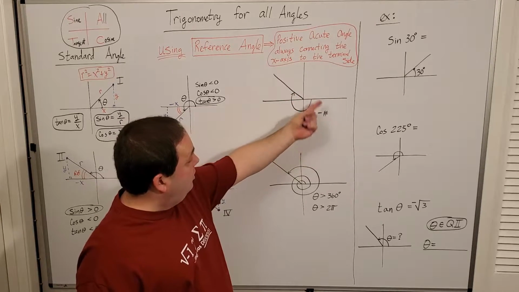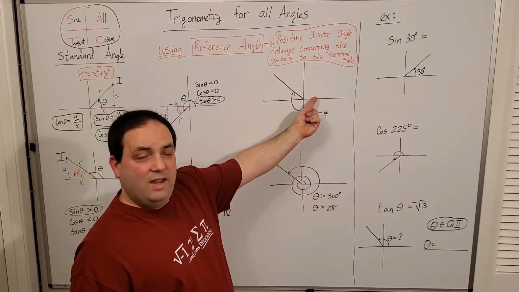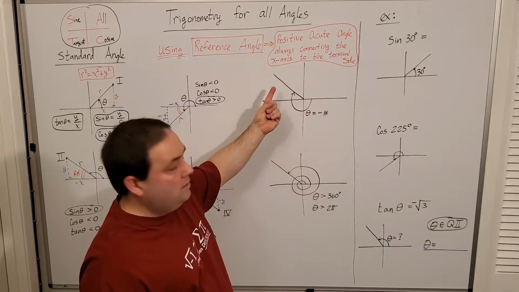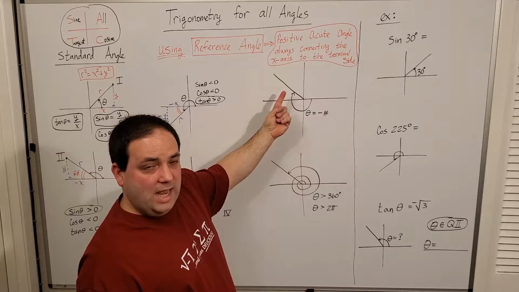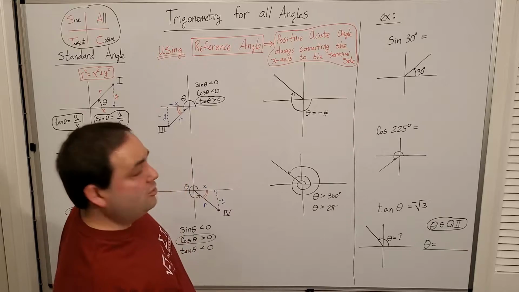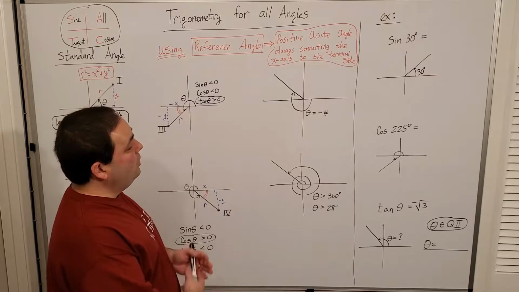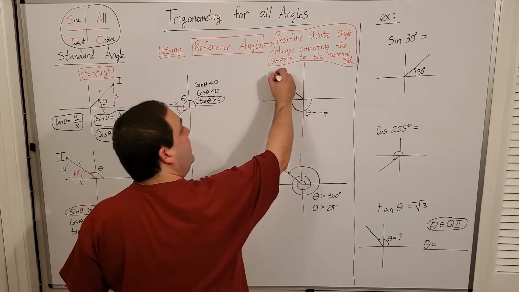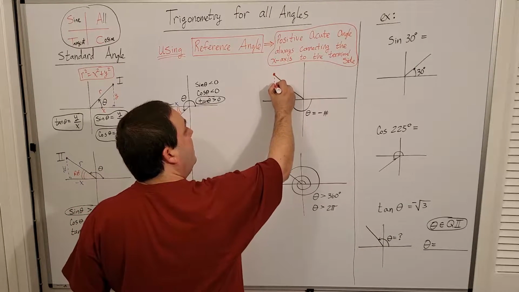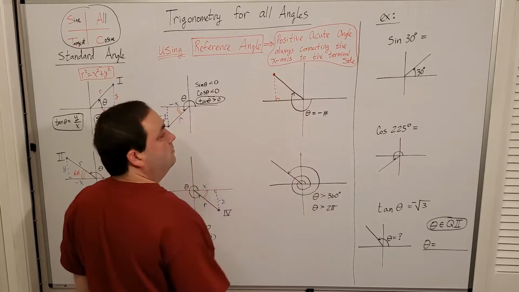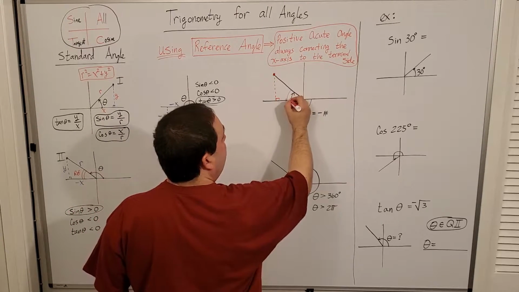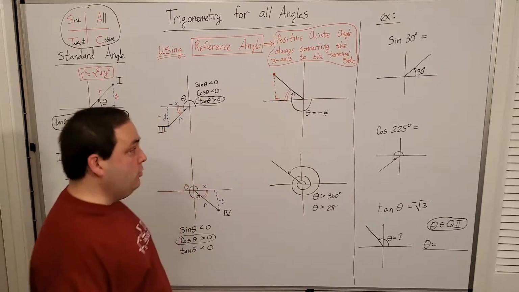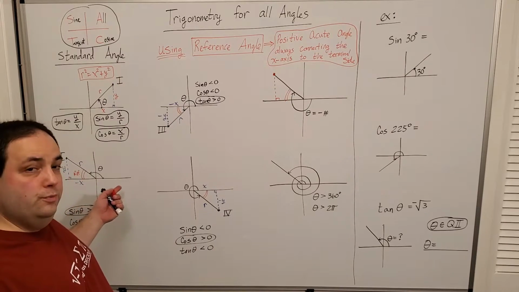For a negative angle, remember I start on the positive x-axis and I just rotate in the clockwise direction instead, in the negative direction of rotation. But notice I still have to just pick a point and make a triangle, which means my reference angle would be here, as it's supposed to be for quadrant 2.